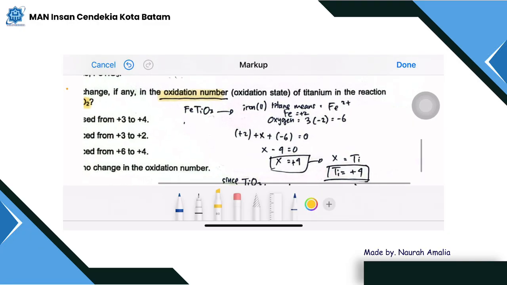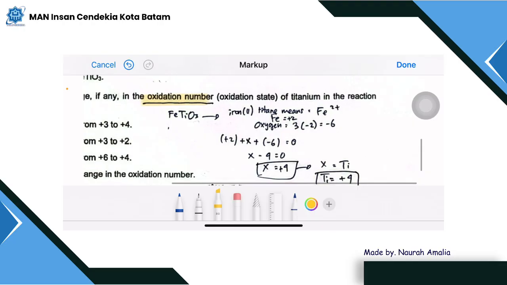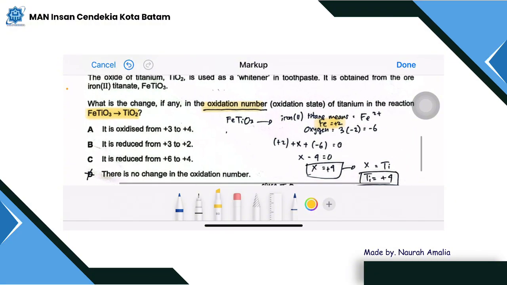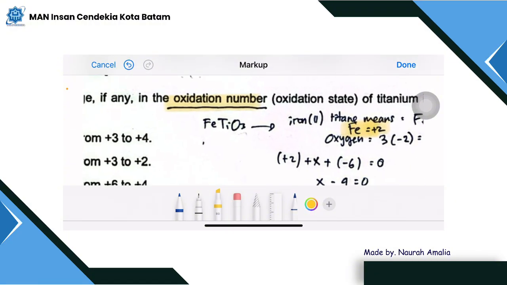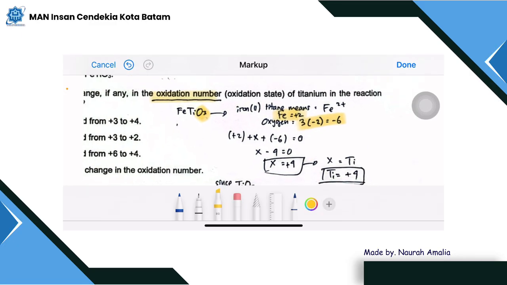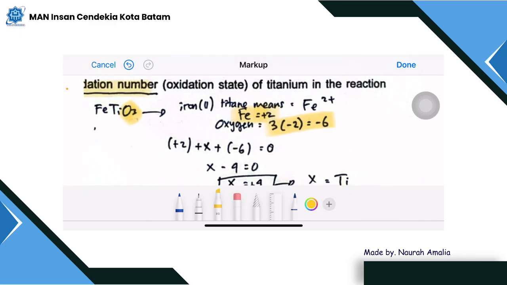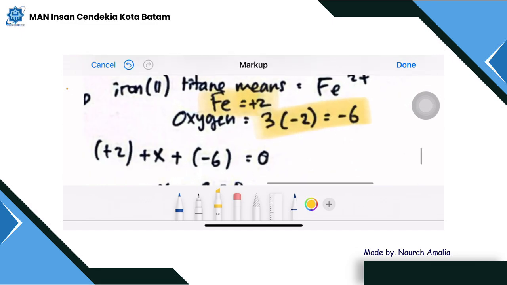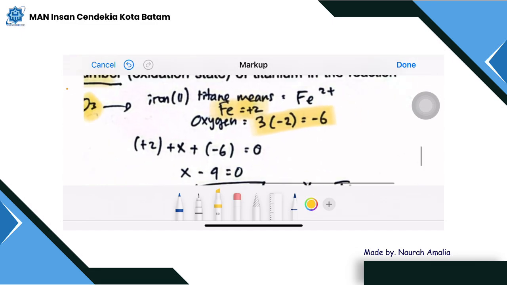And then we need to know the iron, Fe, equals plus 2, because oxygen in FeTiO3 has 3, so we calculate 3 times minus 2 becomes minus 6, and in TiO2 oxygen becomes minus 2.